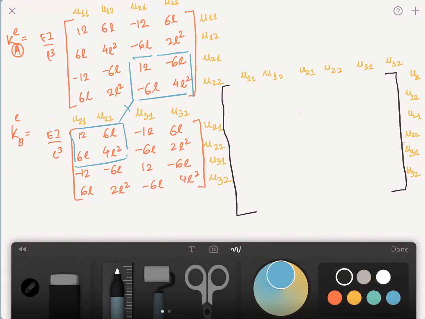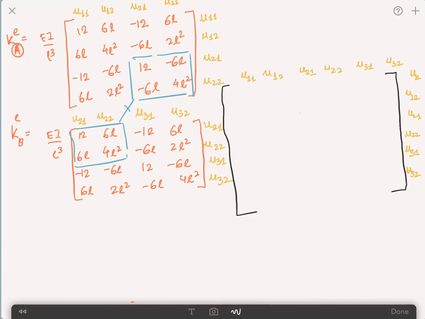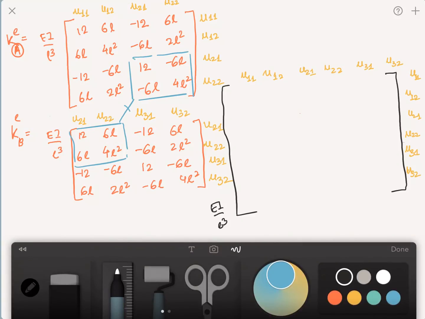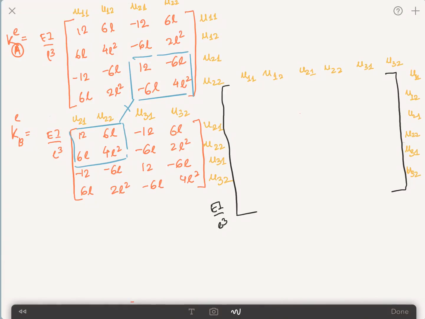Of course, this matrix is going to be multiplied by EI by L cubed. Not important right now, but I want to show you how I'm going to assemble everything together. So you know that here I have everything only related to U11 and U12, and also the relation of U11 with U12. So this is something that might be important. Everything in this row is U11, U12, which is not going to repeat anywhere else. So basically we can just copy these terms here.